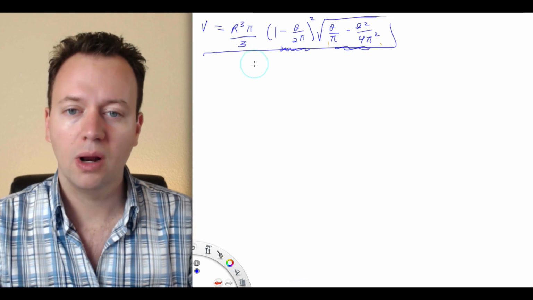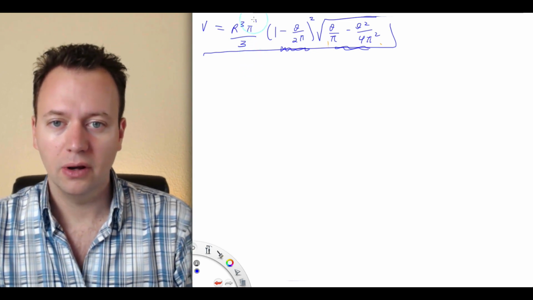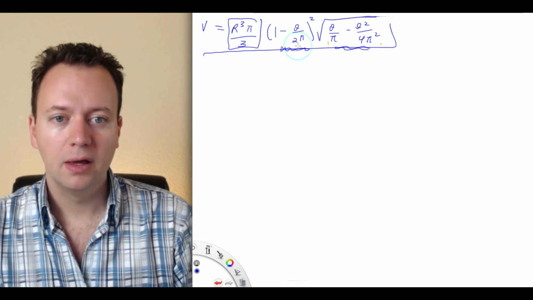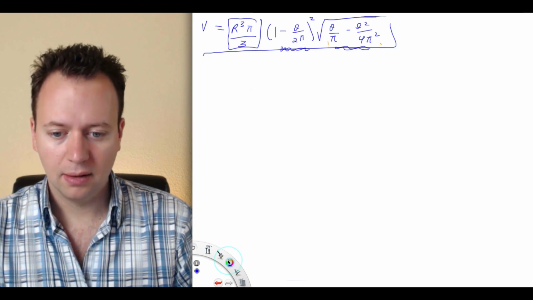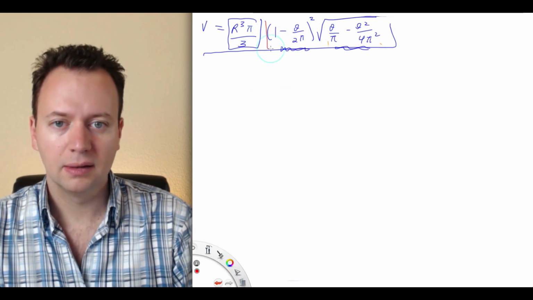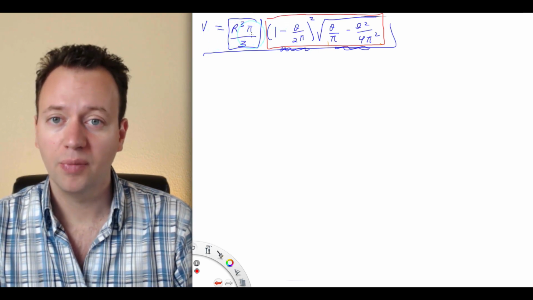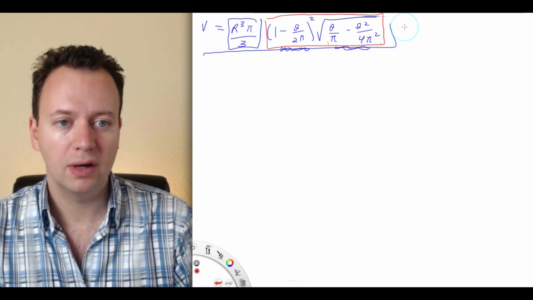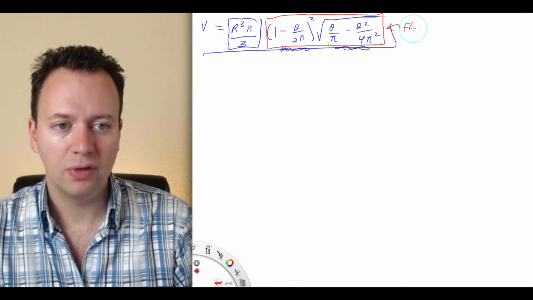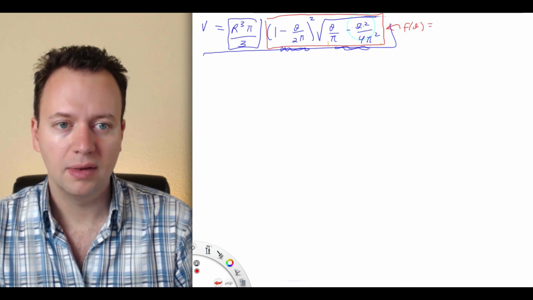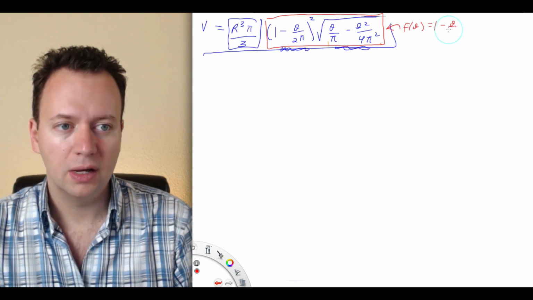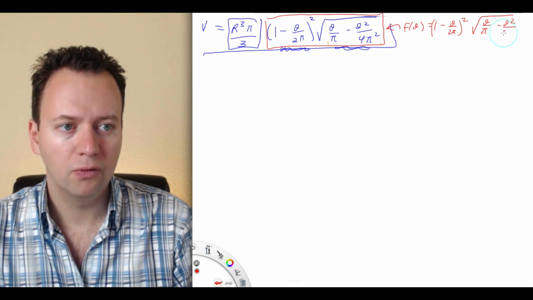And the coefficient up front is just going to be here the whole time. So let's define this piece to be f of theta. And then V will be pi R cubed over 3 times f of theta. So let's define f of theta as that stuff in red: 1 minus theta over 2 pi squared times the square root of theta over pi minus theta squared over 4 pi squared.